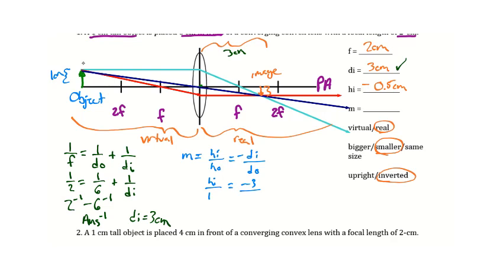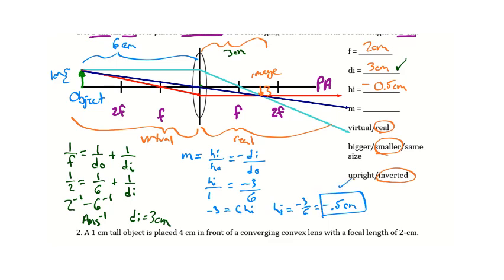That was how far the object was from that lens line, and that was 6 centimeters. So go ahead and cross multiply that. And then solve. Divide both sides by 6. Negative 3 over 6 is, of course, negative 0.5. And as you can see, that's exactly what we got for HI.